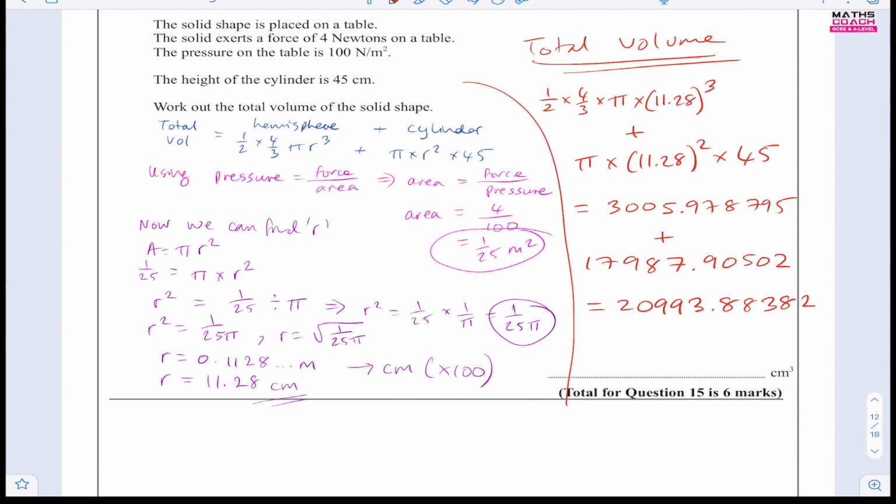And if you round this to one decimal place, you get 20993.9, and that's in centimeter cubed. And that's your final answer. The question hasn't given us any indication of what it wants us to round to. I've just chosen to round to one decimal place.